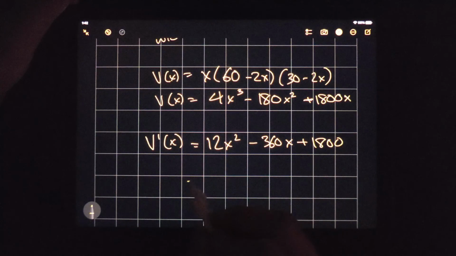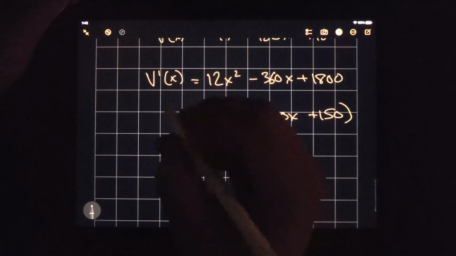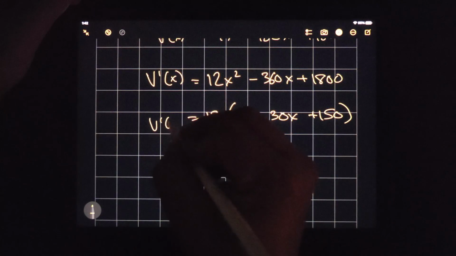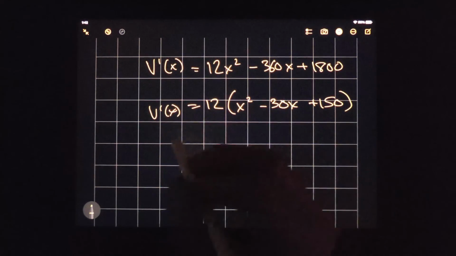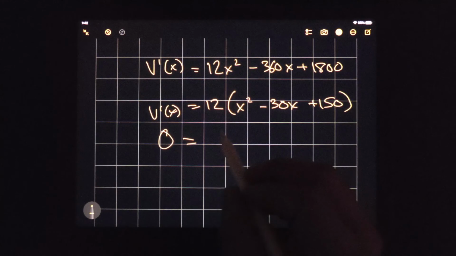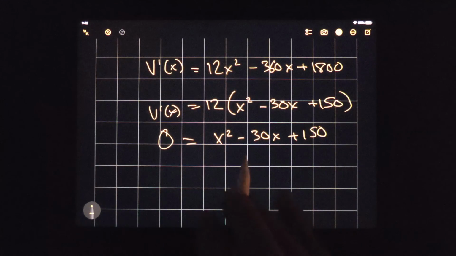I can actually factor out a 12. So if we set this equal to 0, the 12 will divide by both sides, and I'm just left with x squared minus 30x plus 150.